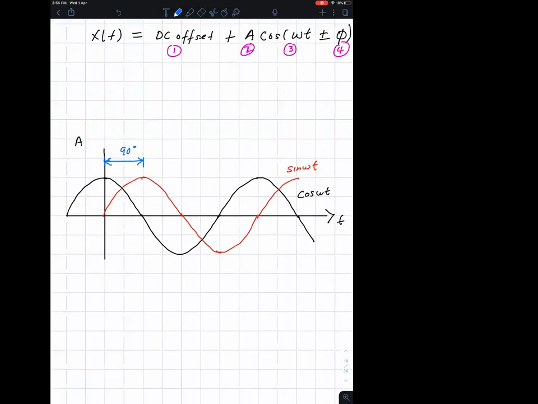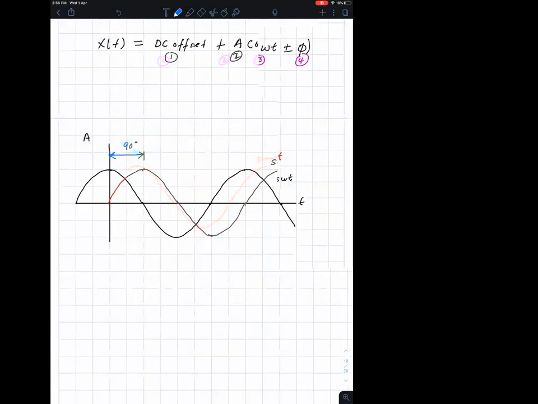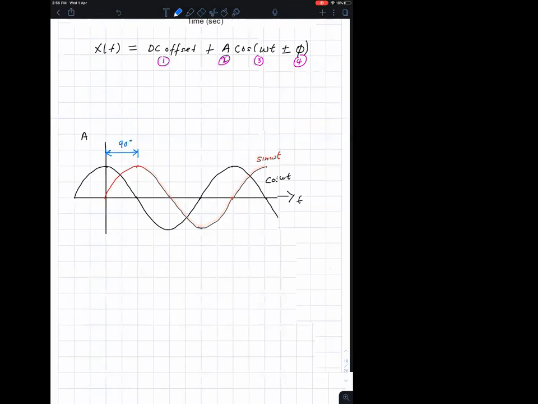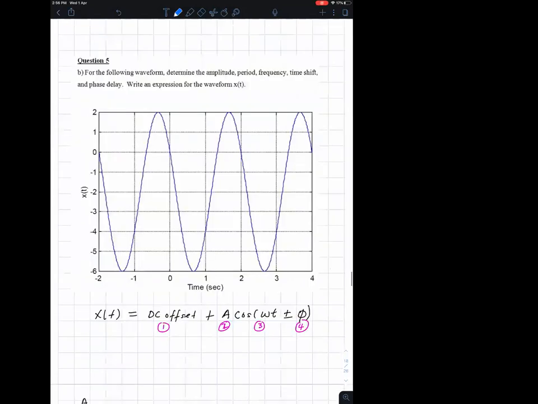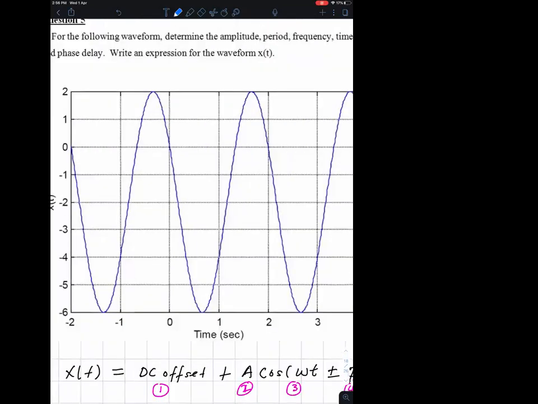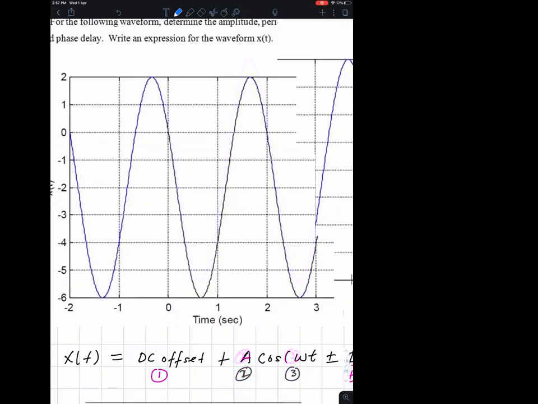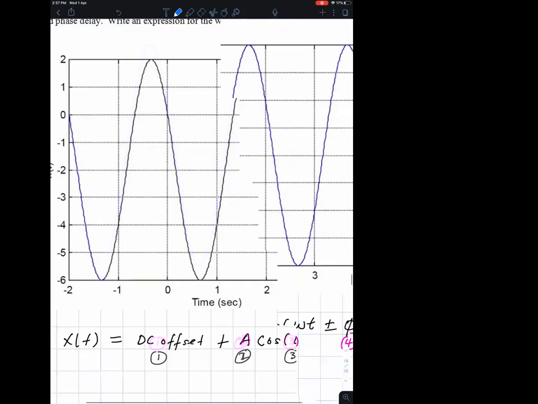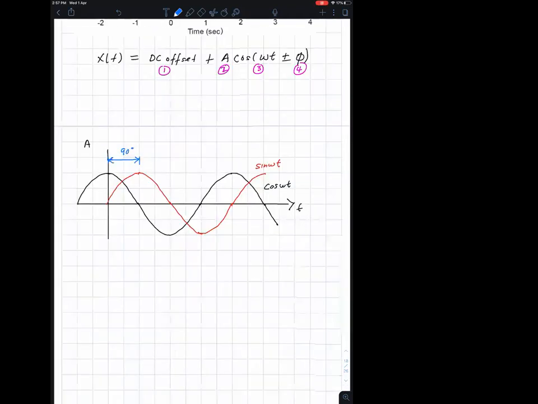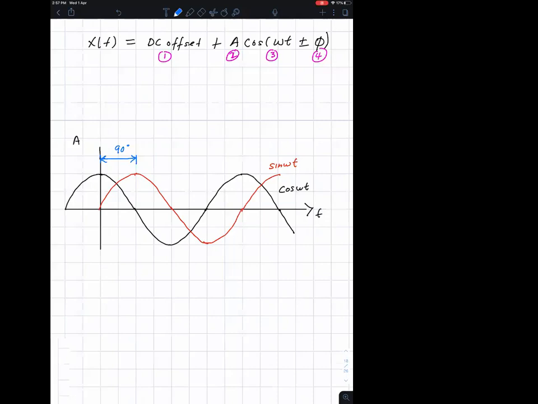If you look at this one, can you tell if this is a cosine or sine? You cannot tell because there's a phase shift here. You can treat this as either a cosine or sine. If you want it to be a cosine, you must be aware that between sine and cosine there's a 90 degrees phase shift.